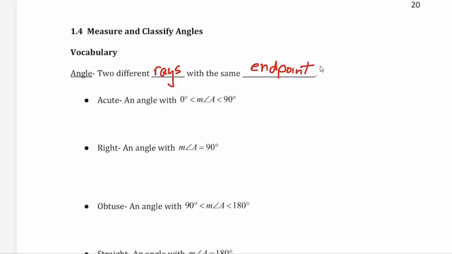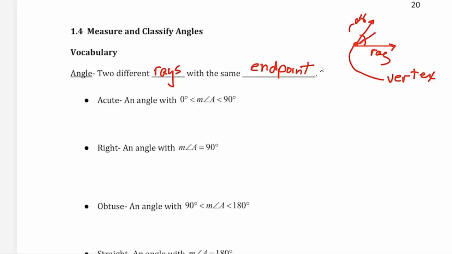My angle has an endpoint here, ray 1, and ray 2 here, and the angle itself is right in there. This is a ray, this is a ray. The little endpoint where they meet has a special name. It's called a vertex.